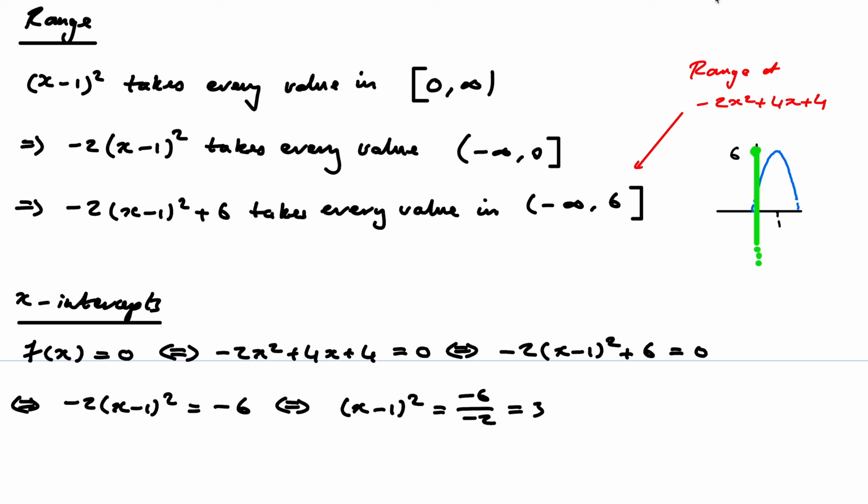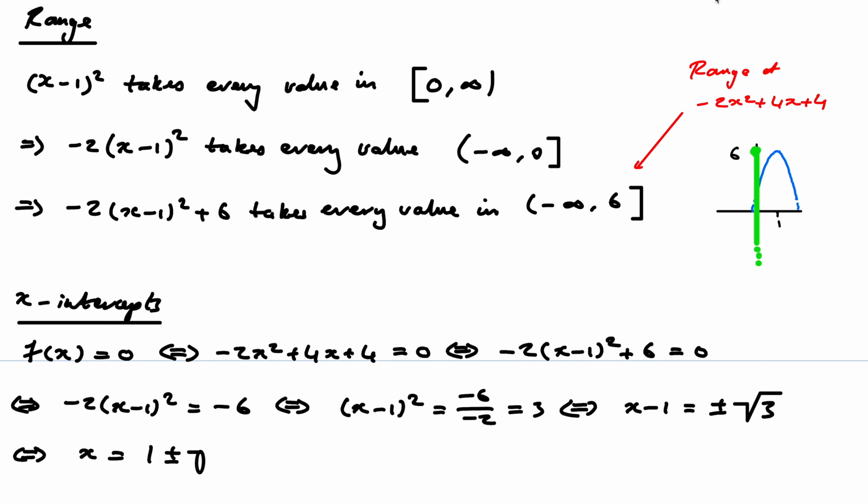So now this is if and only if x minus 1 is equal to plus or minus the square root of 3. It's going to be both, remember, because there are 2 square roots of any positive number. And finally, you could add 1 to both sides. x is equal to 1 plus or minus the square root of 3. Beautiful.